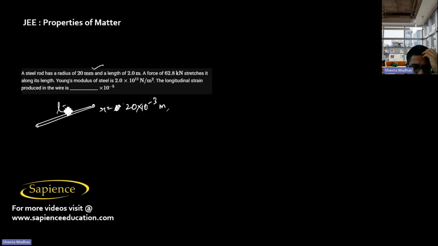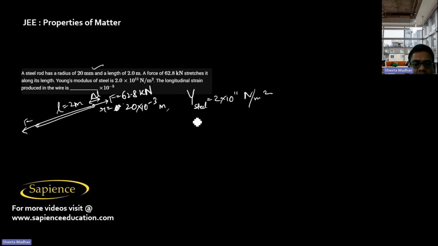The length is 2 meter, and a force of 62.8 kilonewton stretches it along its length. Young's modulus of the steel is 2 into 10 power 11 Newton per meter square. So there will be some extension delta L produced in the wire.